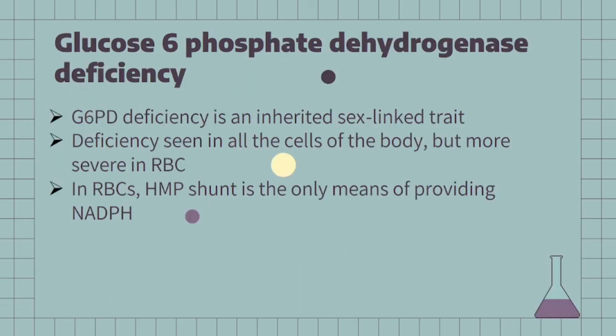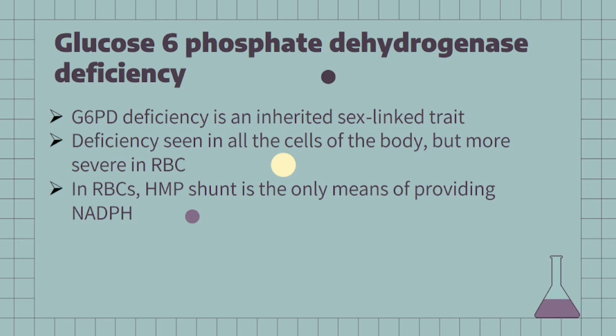Glucose 6-phosphate dehydrogenase deficiency, or G6PD. G6PD deficiency is an inherited sex-linked trait. As it is linked to the X chromosome, most people who suffer from it are male. Sufferers cannot make the enzyme glucose 6-phosphate dehydrogenase.